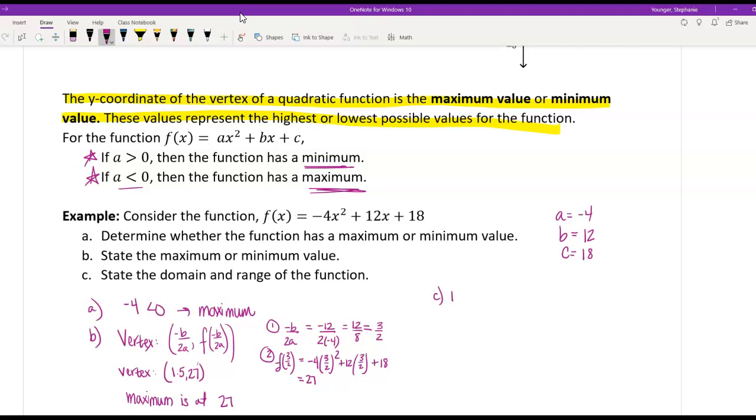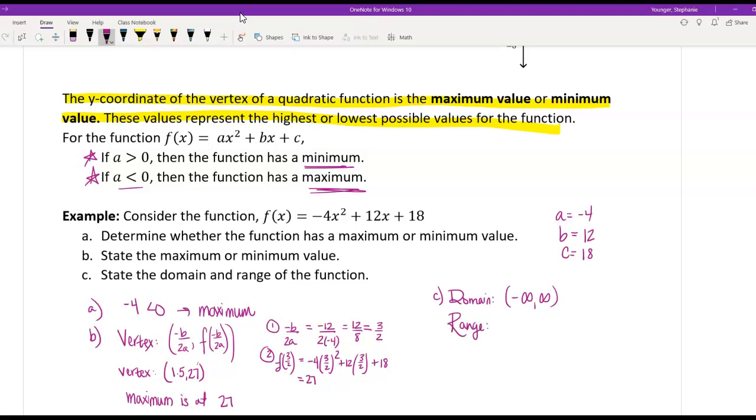All right, now we have to name our domain. Were there any restrictions on our f function? No, it's a quadratic, it's a parabola, so there are no restrictions, so we have all real numbers, which is negative infinity to infinity.